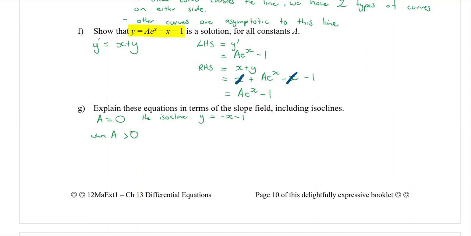So that is representing all of the curves that are related to exponentials curving upwards above that isocline. So it is the curves above y equals minus x minus 1 that curl upwards.